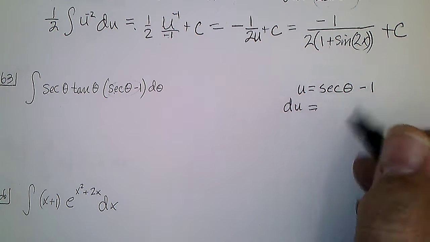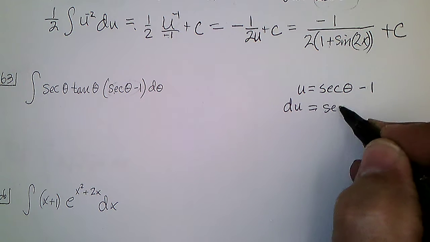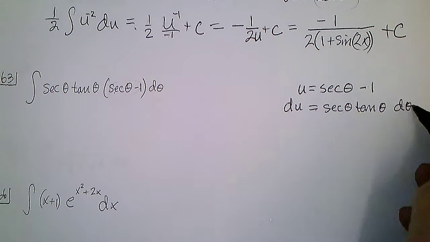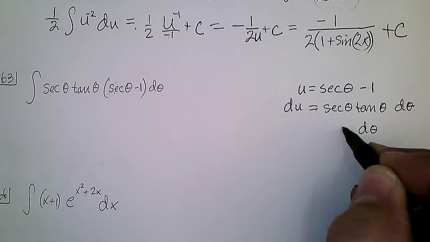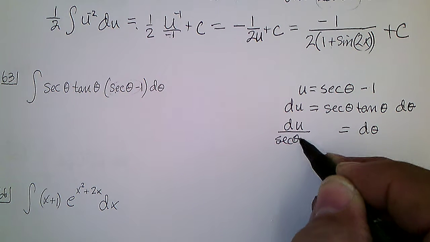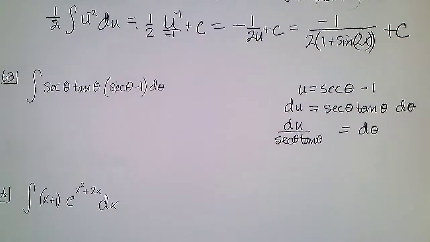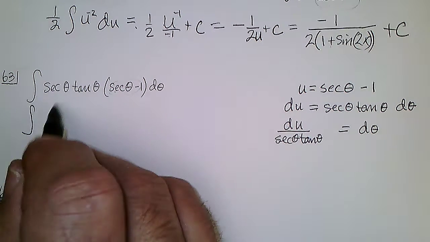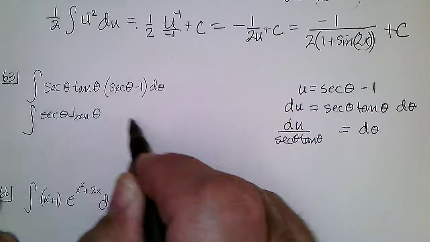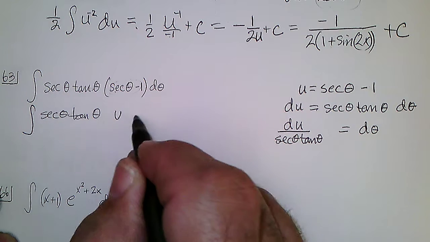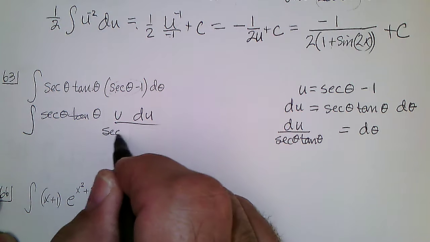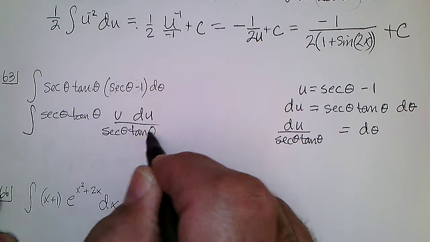If u equals, the derivative of this is secant theta tangent theta d theta. And so if I solve for d theta, it's going to be du over secant theta tangent theta. So this would become the integral. Now we got the secant theta tangent theta times u, and du is over secant theta tangent theta.